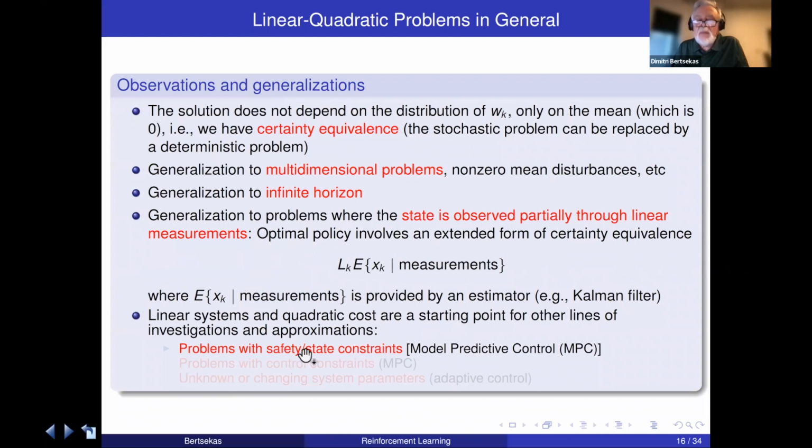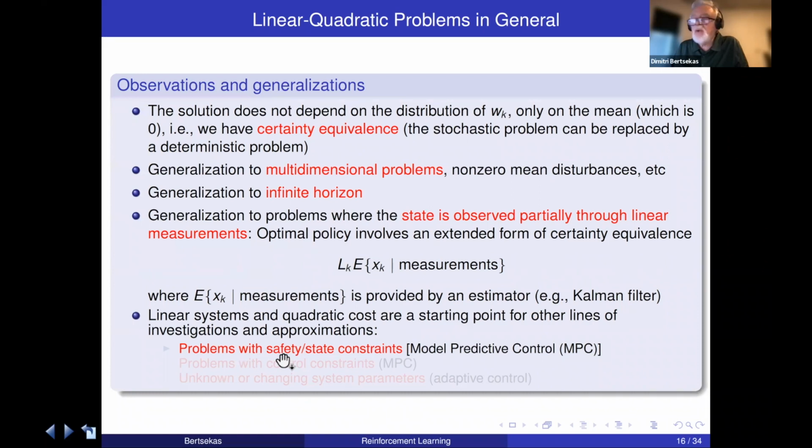In many realistic control problems, there are state constraints, like the car should stay within the road, or the velocity cannot exceed a certain bound, because otherwise the car is going to go off the road on a turn.